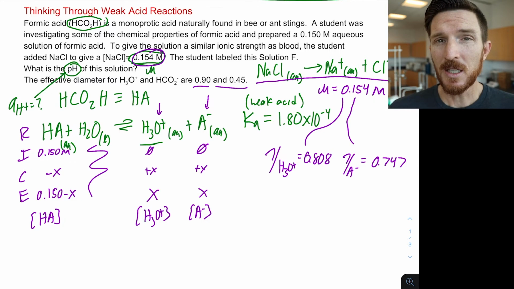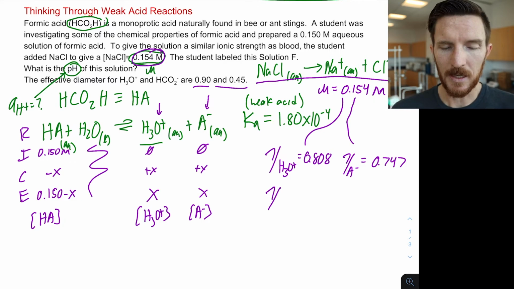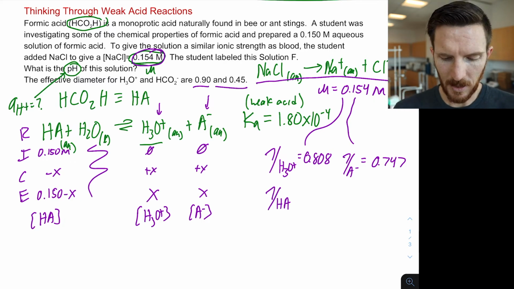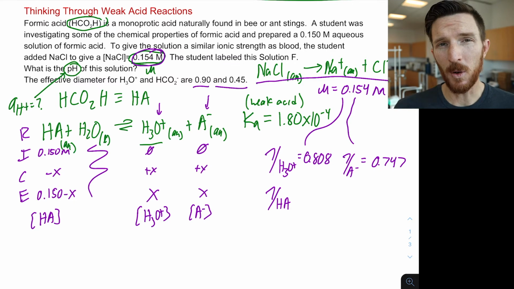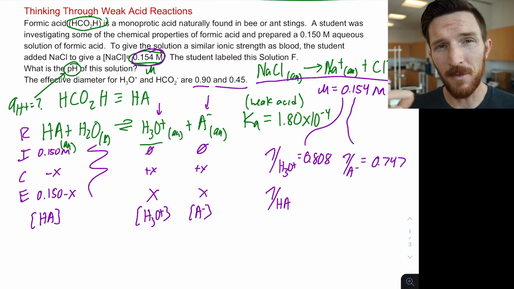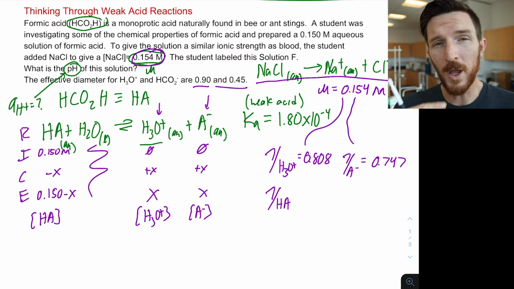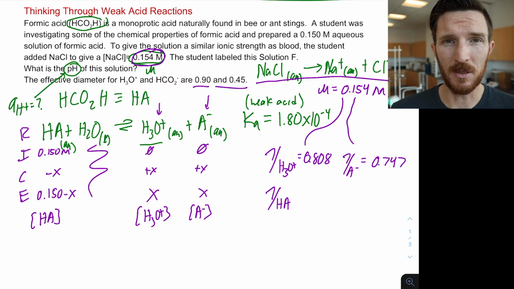So now we have these activity coefficients, and let's think about, well, what is the activity coefficient of our neutral species? We think about what activity is. Activity is a measurement of how much the effective concentration of a charged species is reduced when we have all these other ions present in solution.